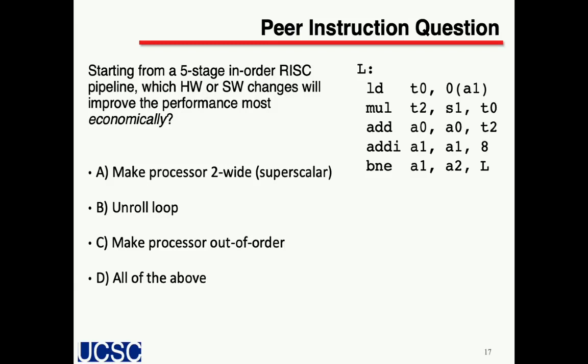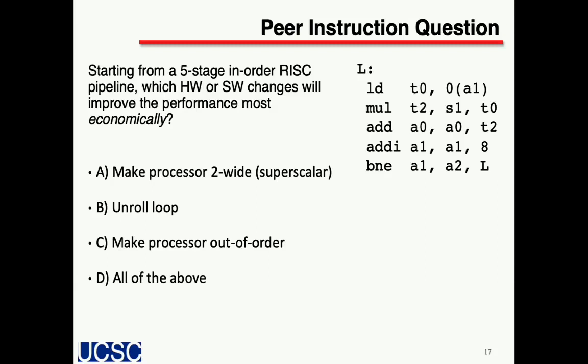So it's going to have to stall and then go. Now that we've unrolled, we're going to get rid of that stall, because they're independent. So basically, there are some hazards here, some stalls that we're going to get rid of in the unrolling case.